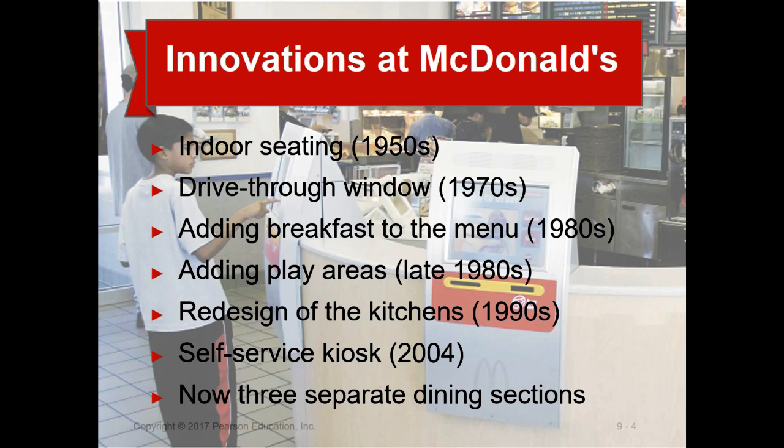And then they changed their menu and breakfast menu. And then in the 1980s, they added some play areas. You still can see in some of the fast food restaurants the adding play area, but not in everyone. Certainly, it's very attractive to kids.